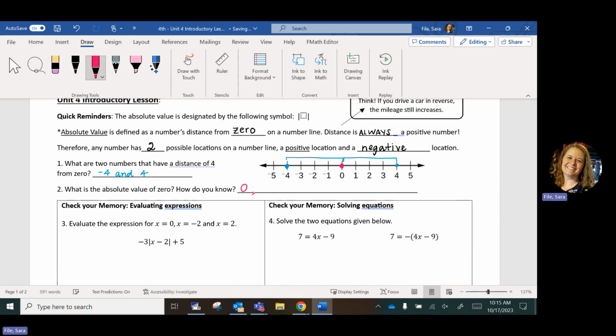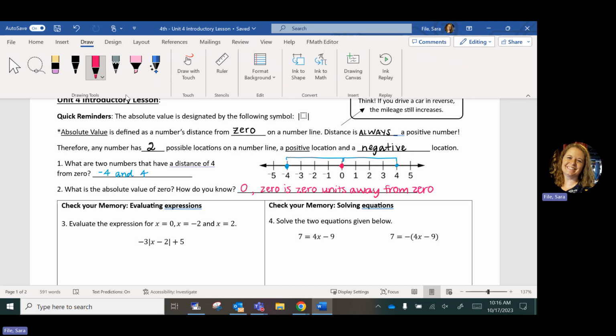For the how do you know, you can put that in your own words, but I guess I'll say 0 is 0 units away from 0. Or you could say it's a distance of 0 from 0. However you want to word that. It's the best way for you to understand what that means. So 0 is the only value where, when we take the absolute value, we could only have one possible input to get an output of 0.